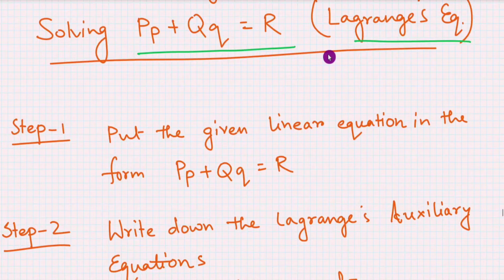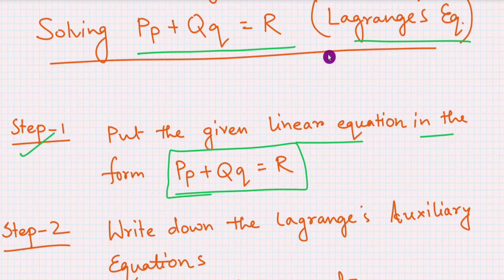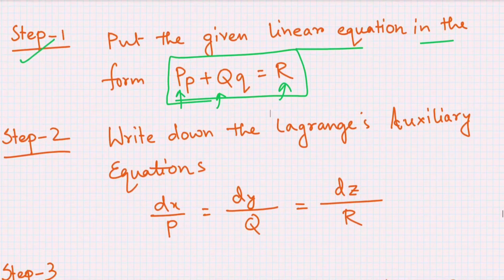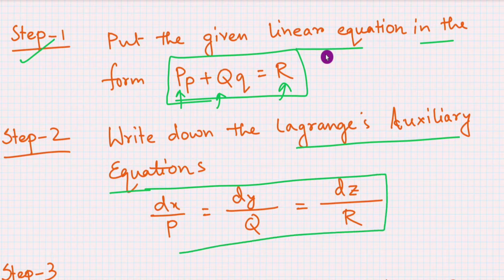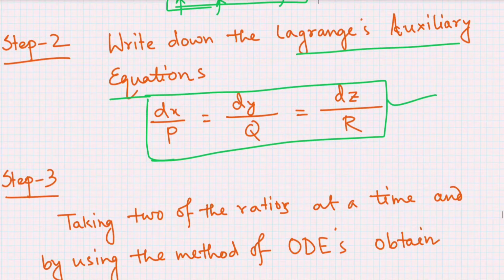Step 1: put the given linear equation in the form Pp plus Qq equal to R, and identify P, Q and R. Step 2: write down the Lagrange auxiliary equations, dx by P equal to dy by Q equal to dz by R.